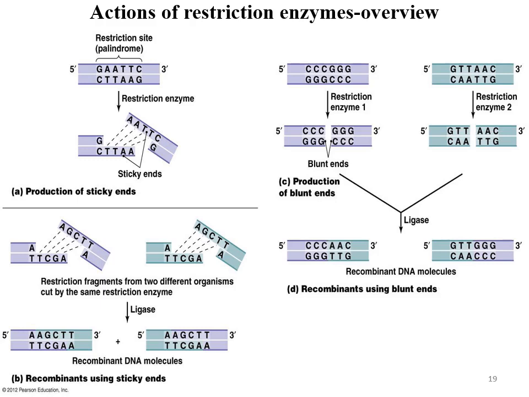In part D, using the restriction fragments from two different species but cut by the same restriction enzyme, they can ligate with the help of a ligase enzyme and form a recombinant DNA molecule.